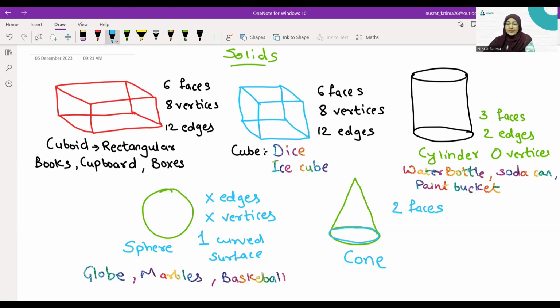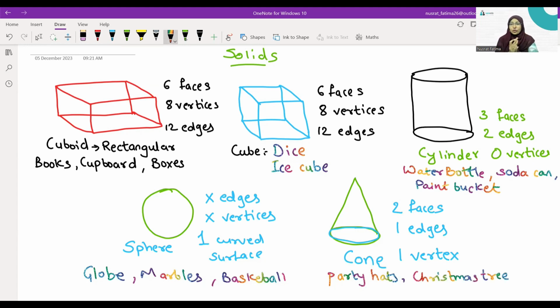Next, if you look at the edges, the cone has 1 edge and 1 vertex. And if you start looking around you again, you will find out a few shapes that are cone shaped. You wear party hats on your birthday, so that are circular in shape. The Christmas tree which you decorate during Christmas is also conical in shape.